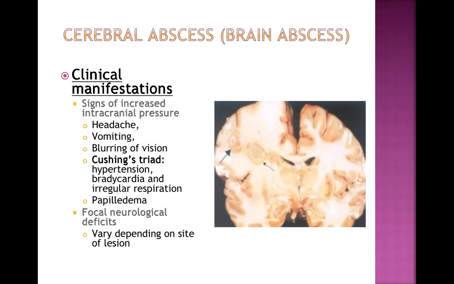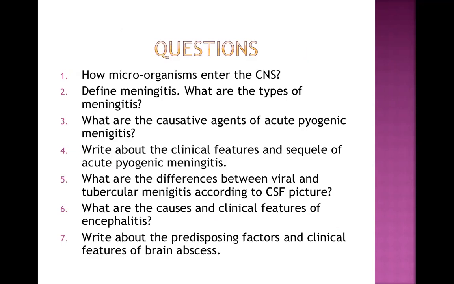There may be involvement of the cranial nerves, involvement of different nerves, or some descending or ascending tract, which results in different neurological deficit. Now, how is it treated? Remember, this is caused by infection, so antibiotics are very much necessary, but surgery also plays a big role. Now at the end, please go through these questions and solve them confidently.